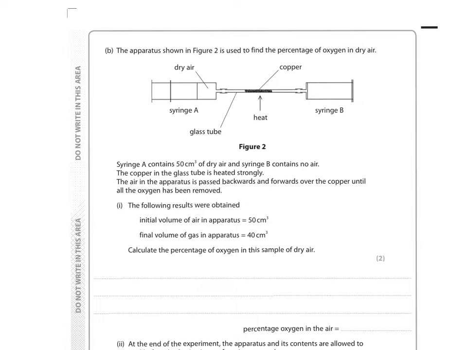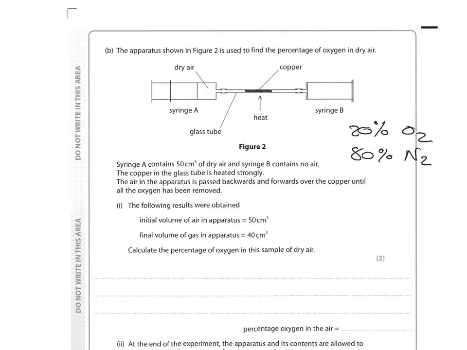Well, the initial volume of the air was 50 centimetres cubed. The final volume in the air was 40 centimetres cubed. Calculate the percentage oxygen. Now, you should know roughly that the percentage oxygen in air is 20%. Air is 20% oxygen and approximately 80% nitrogen.